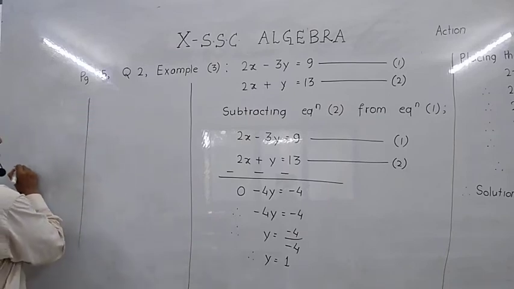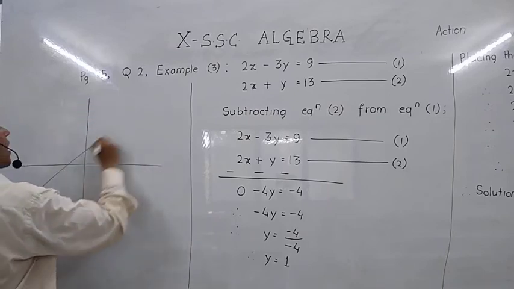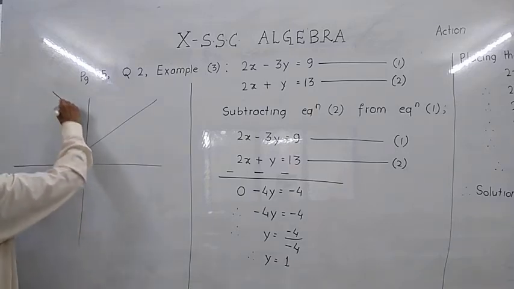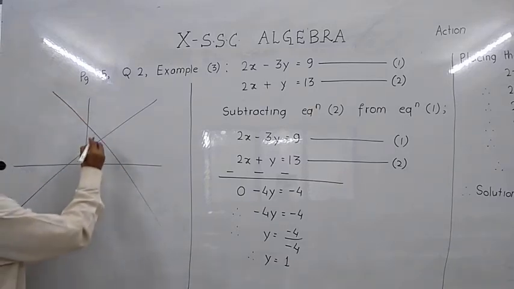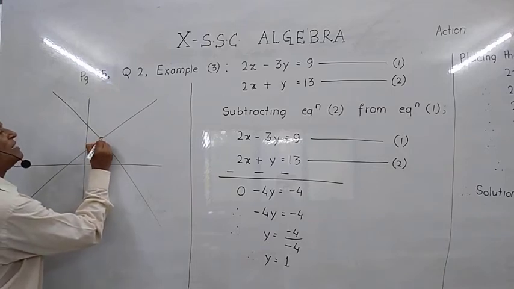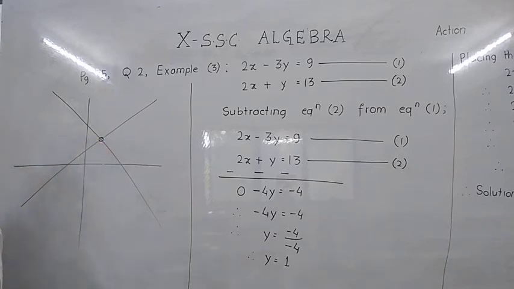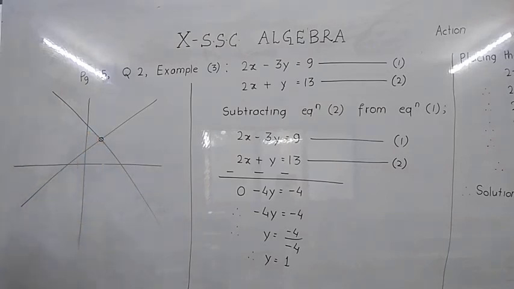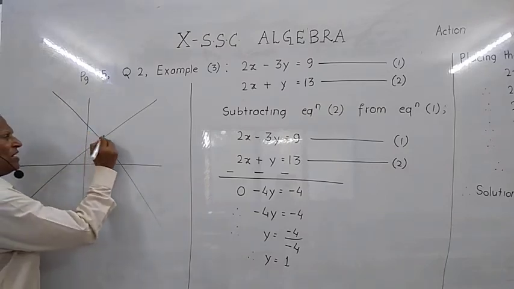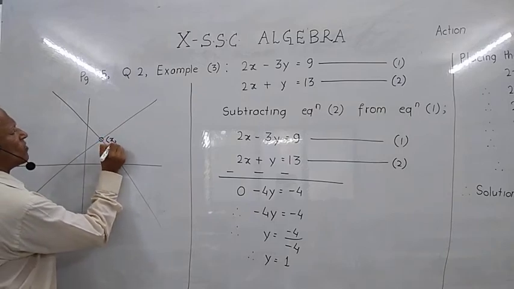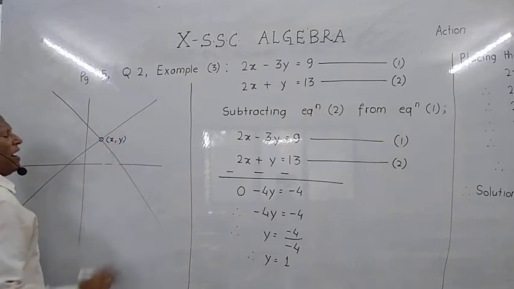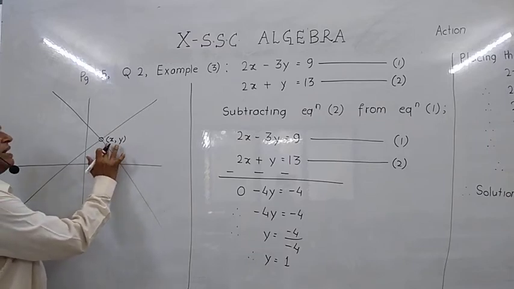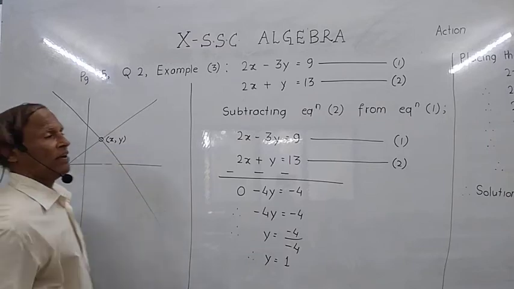First equation represents some line. Say this. Second equation represents some line. Say this. Now intersection of the two lines is supposed to be the solution. This is just but a point of intersection. This point of intersection has got some coordinates x, y. So you have to write the answer in the same format x, y. Okay?